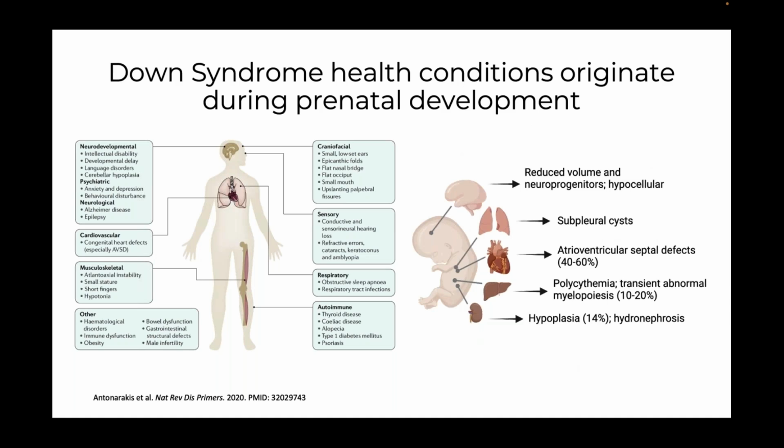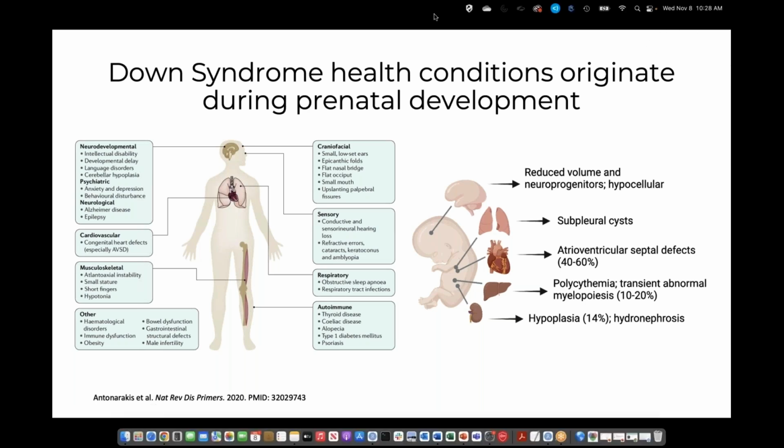So the clinical manifestations of Down syndrome have their origin within prenatal development, and there has been some research and investigation about the origin of many of these clinical symptoms relative to the early development of organs, but oftentimes these investigations are among very few individuals or are limited to a single organ system.